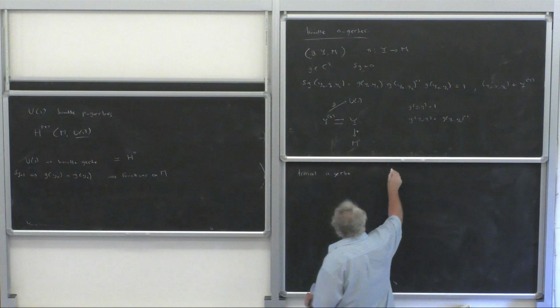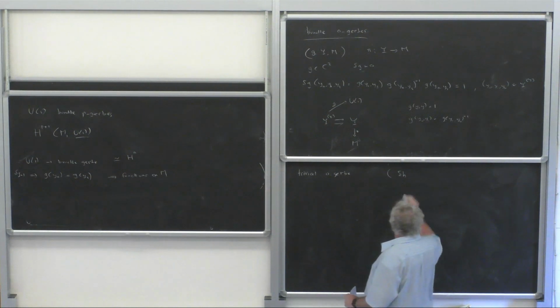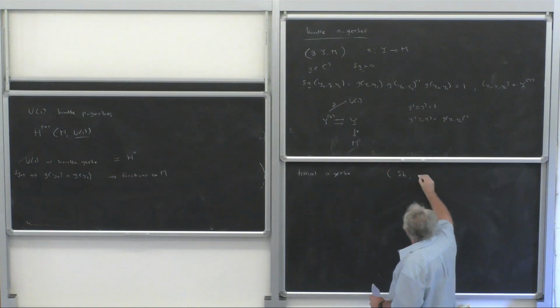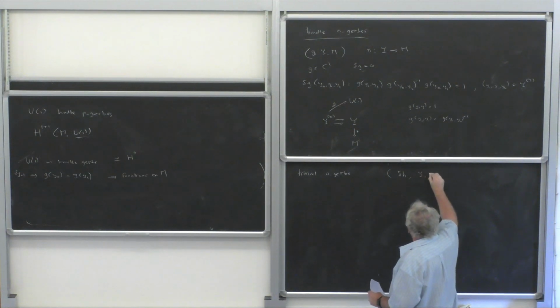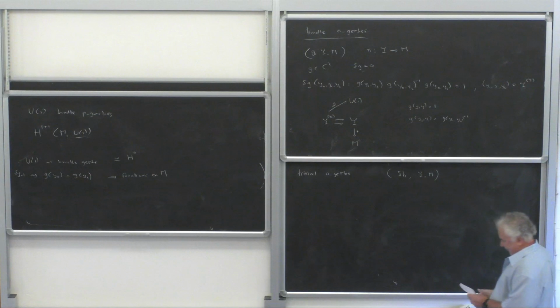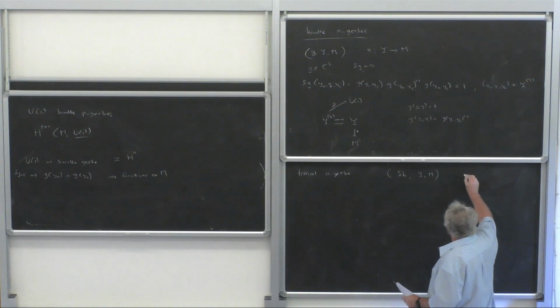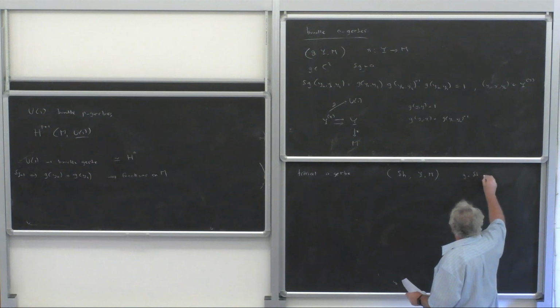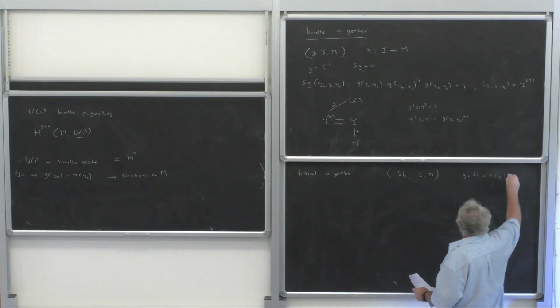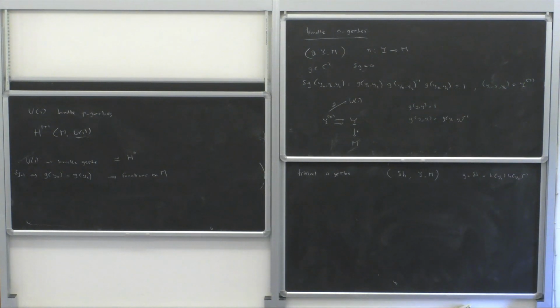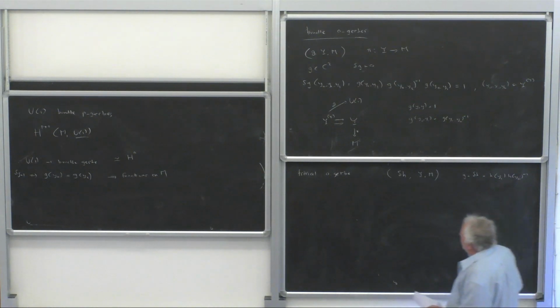A trivial zero gerbe is a triple, which is a cocycle, where G is a coboundary, G is the del of H, which is H(Y1, Y0)^-1.